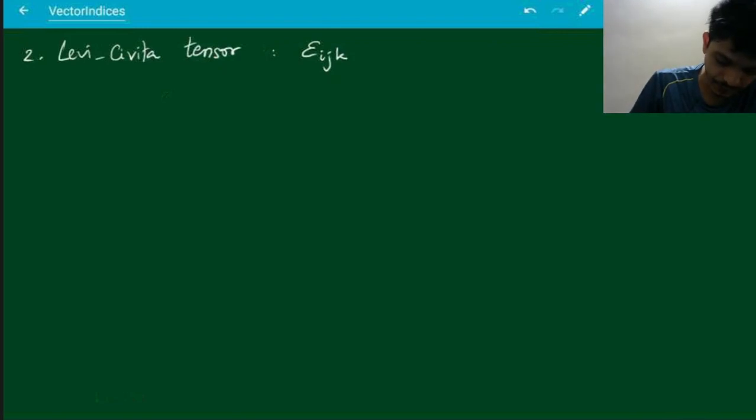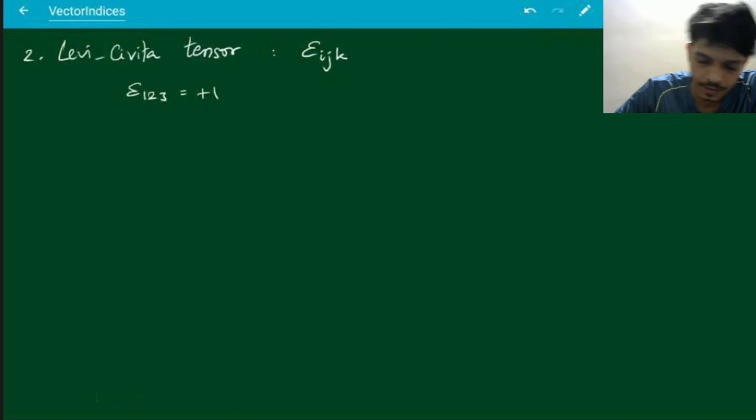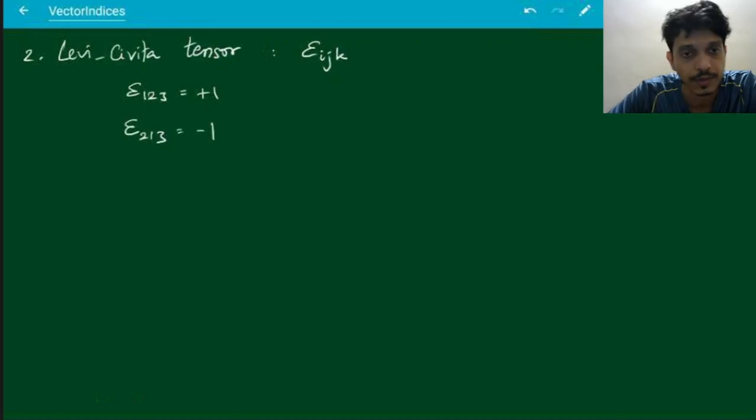You define it as follows. Epsilon 1, 2, 3 is defined as plus 1. Now, if I interchange any two indices, then I have to get a minus sign. So if I interchange the first two, it becomes 2, 1, 3, and this becomes minus 1.